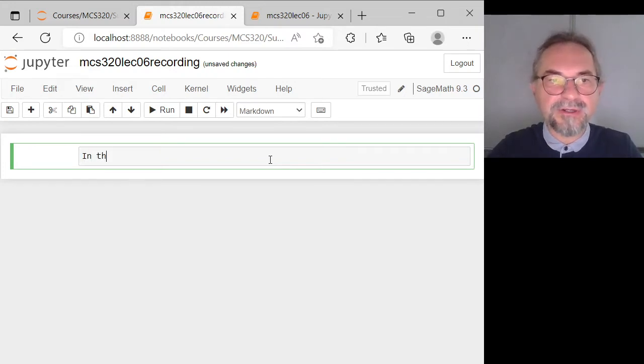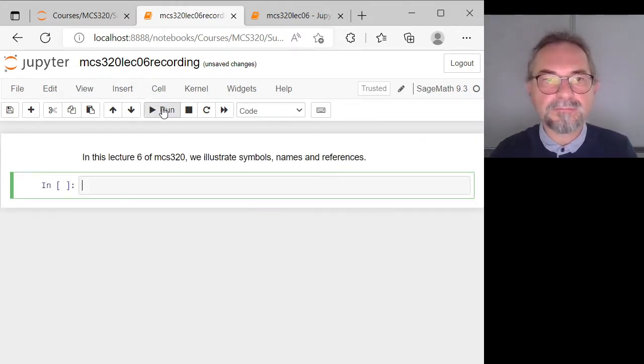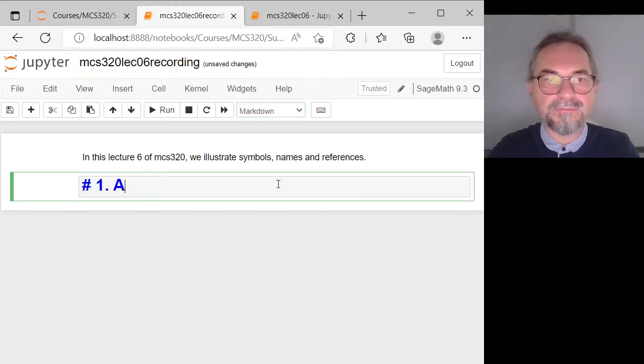So in this lecture we illustrate symbols, names, and references. This is the topic. This is lecture 6 of MCS 320. There will be 3 sections. The first section is an example of a symbolic computation.